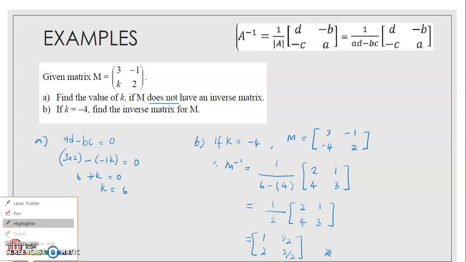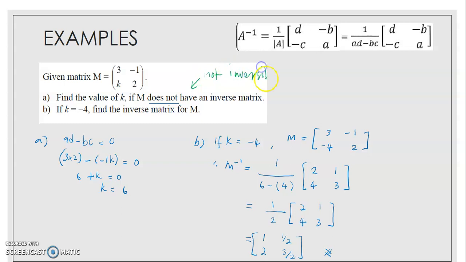In other words, the matrix is not invertible. So if not invertible, we use this condition: AD minus BC is 0.